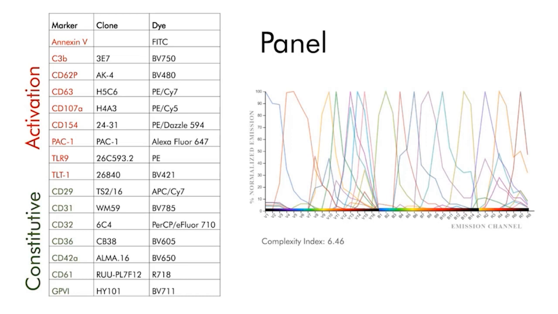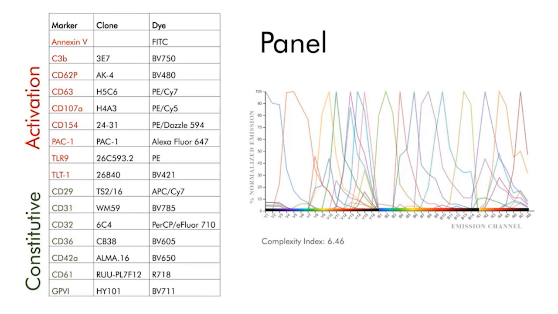For example, CD36 can be absent in 3 to 11% of Asians and Africans. Other constitutive markers, such as GP6, can be internalized or shed from the platelet surface after activation, while CD42A and CD61 are normally stable and abundant, which makes them ideal for platelet identification and gating.